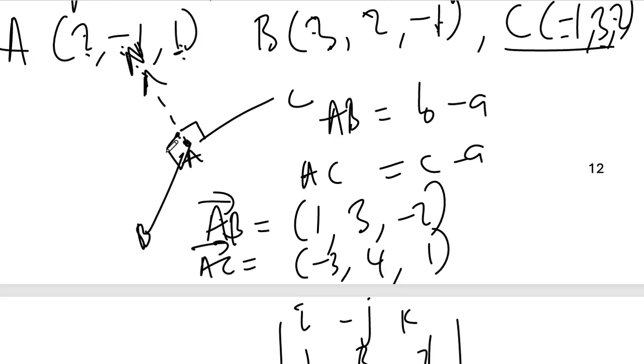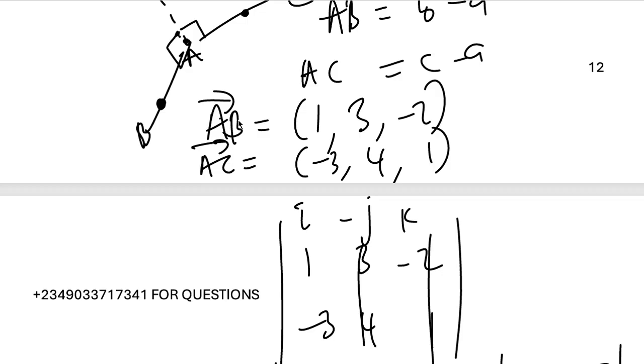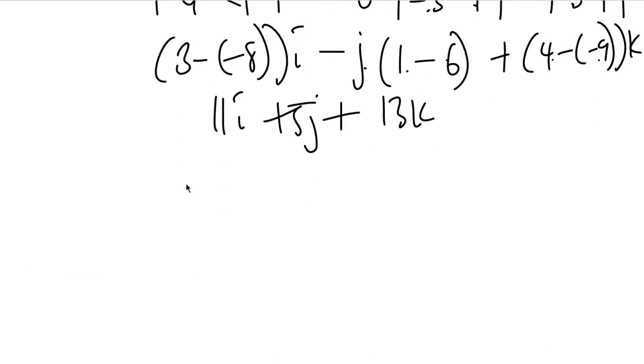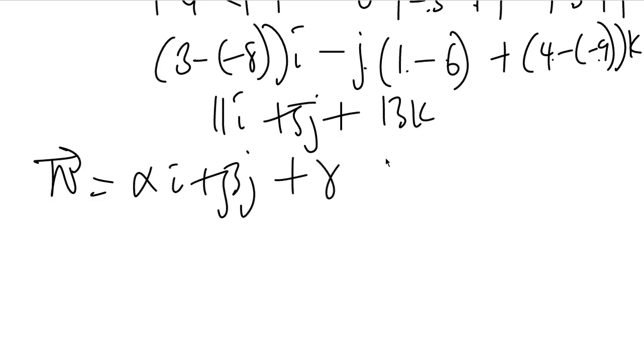So with this now, if we should now choose any arbitrary point along AB, right? If you choose any point along this AB or along this BC, that's now what leads us to the equation of the plane that tells us that if we have a normal n, and then that normal is given by alpha i plus beta j plus gamma k, the equation of the plane is going to simply be what?